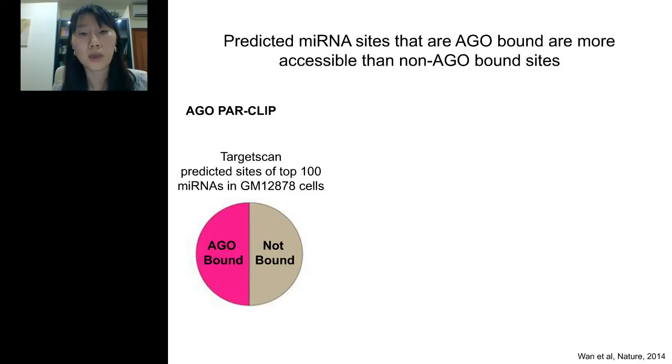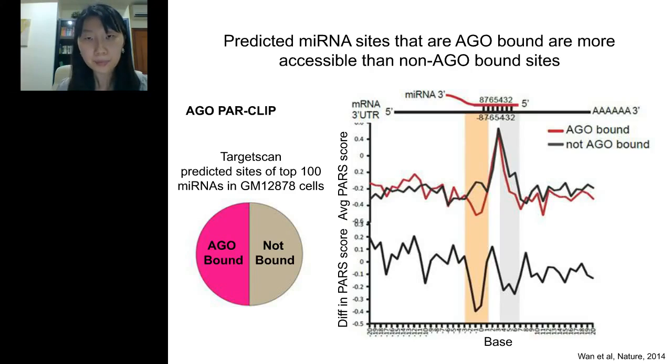To do this, we utilized AGO pocket data, which is basically a way to look at RNA regions that are pulled down by the AGO protein, by the AGO enzyme. And what we noticed is that the true AGO-bound microRNA sites are more accessible than the non-AGO-bound predicted microRNA sites. You can see in red are the true AGO-bound, and they're a lot more accessible immediately upstream of the actual microRNA binding site.